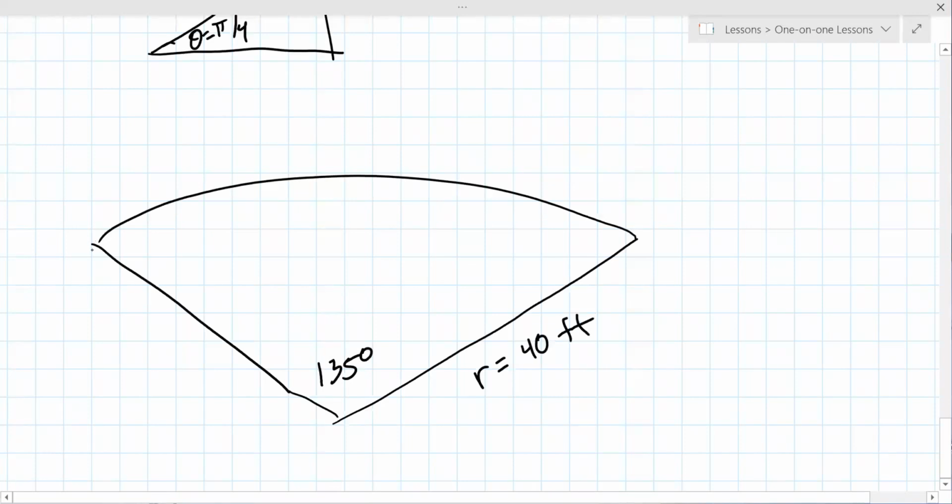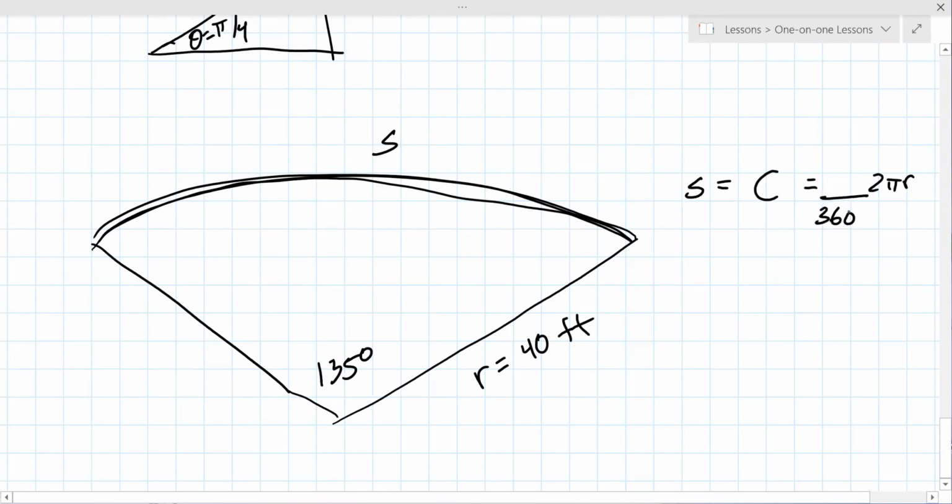They wanted to know this length here, this s. Well, the problem is s is really circumference, and circumference is 2 pi r, but that's only true if you go all the way around. So I prefer this formula where it's your angle out of 360 times 2 pi r. I find it's more memorable here. That's what we were taught in class.